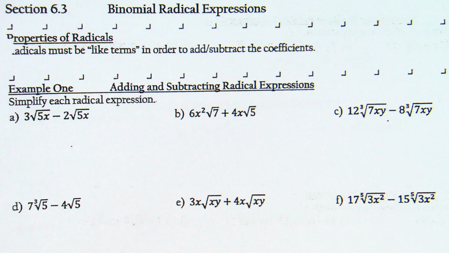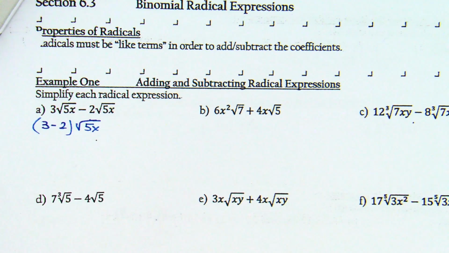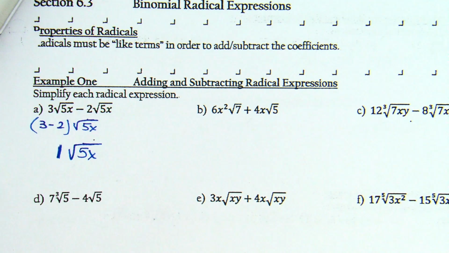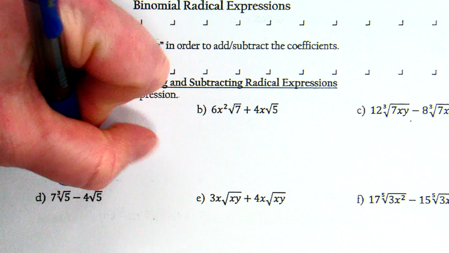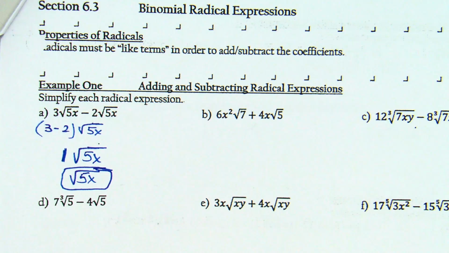So in this case, you're doing 3 minus 2, and what's tagged on is the square root of 5x. 3 minus 2 is 1, and then square root of 5x. You could say 1 square root of 5x, but even better would be to say square root of 5x.